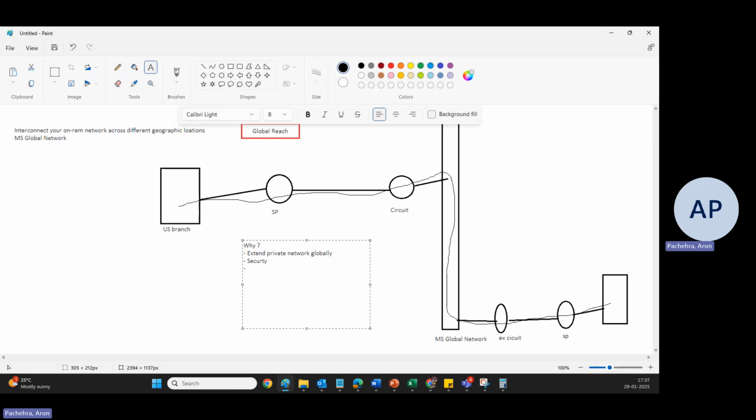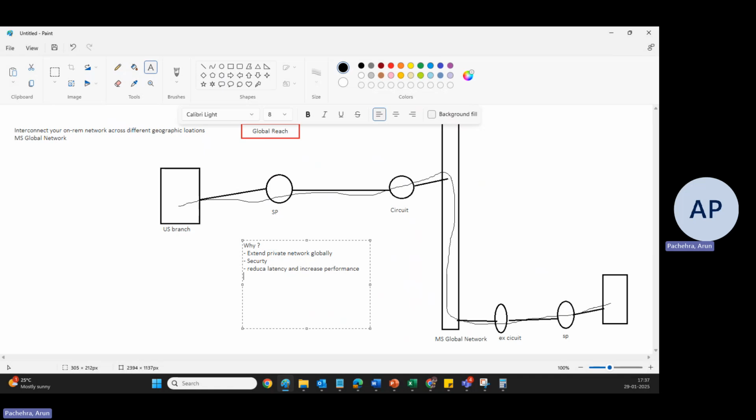Of course, this is the Microsoft intranet, so it has low latency, so it will reduce latency and increase performance if we have a requirement like this for inter-site communication, like US and Japan.